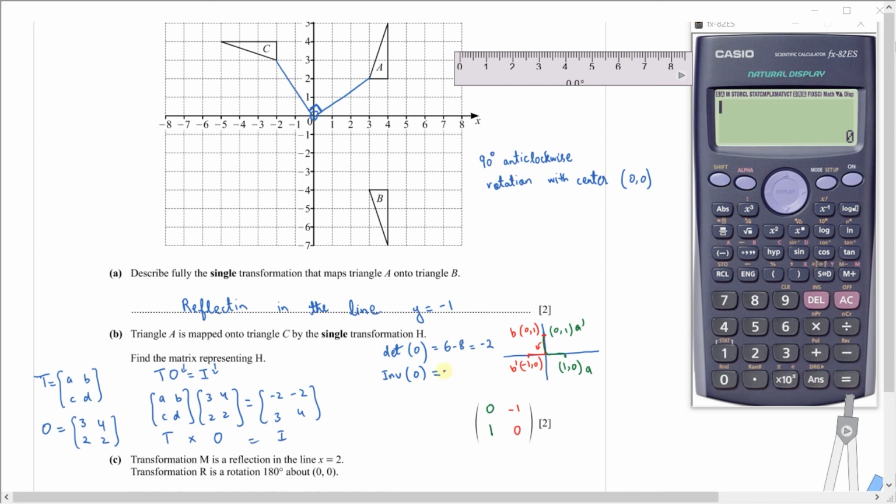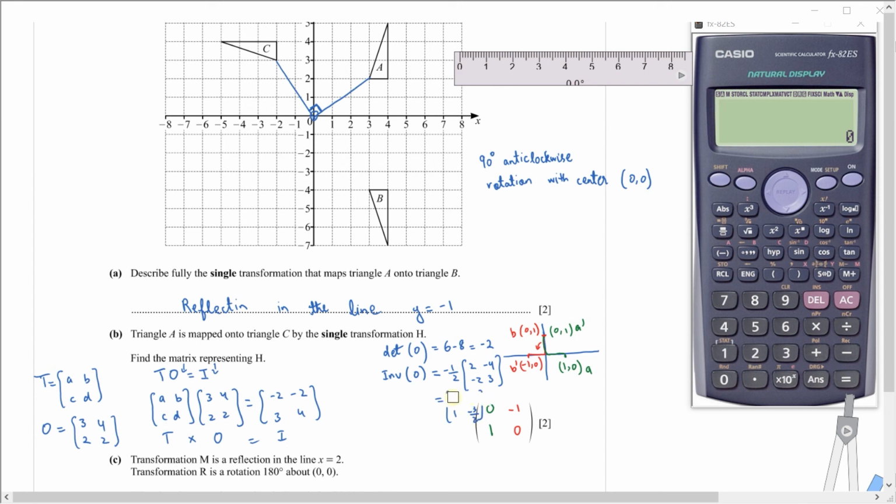So the inverse of O will be equal to 1 over the determinant, which is minus 1 over 2, multiplied by the adjugate of O. In the adjugate, you swap the places of these two, so this will become 2 and 3. And then you change the sign of the other two, so this will become minus 4 and this will become minus 2. So if I bring this minus 1 by 2 inside, this will become minus 1, this will become plus 2, this will be plus 1, and this will be minus 3 over 2.